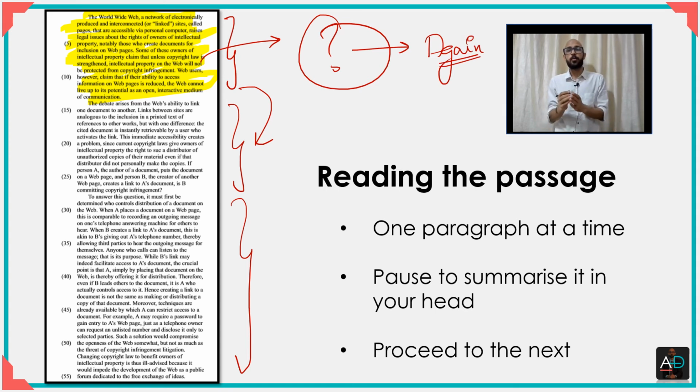Now there are some people who might be able to understand this in the first attempt. Some people may take 2 attempts, some people may take 3. So that's everybody's individual speed. That does not matter. If I must confess about myself, generally I do not make sense of a passage in the first attempt.